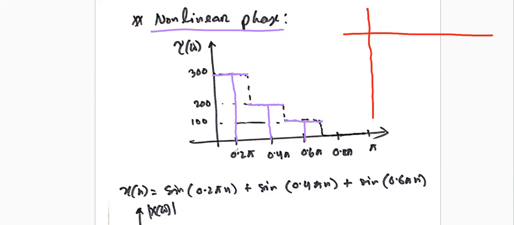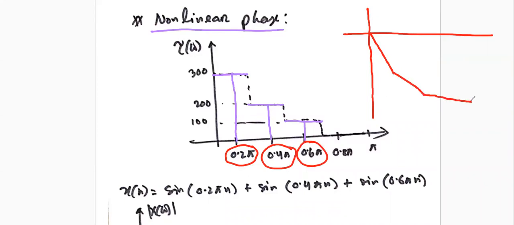As you can see, for the low frequency the group delay is higher, so the rate of change should be higher. In the second one, the rate of change should be average, like this. And for the third one, the rate of change is very low, like this.